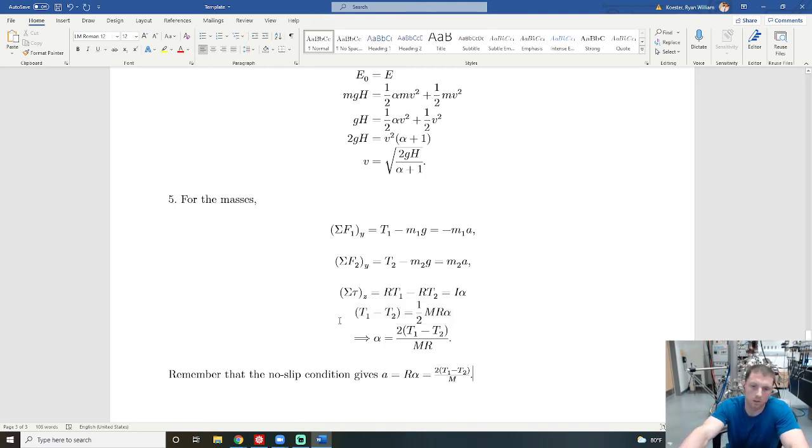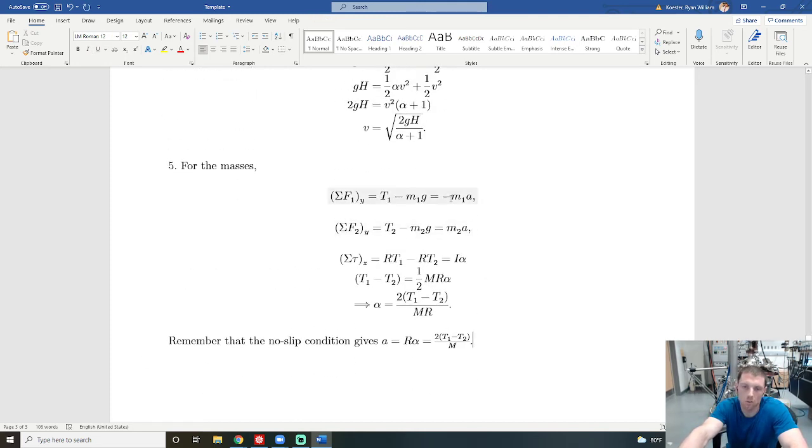Okay, so now we know what the accelerations are here, and for these equations we might have done this backwards, because we still need the tensions, right, before we can get a number for this. And so let's just do that really quickly.